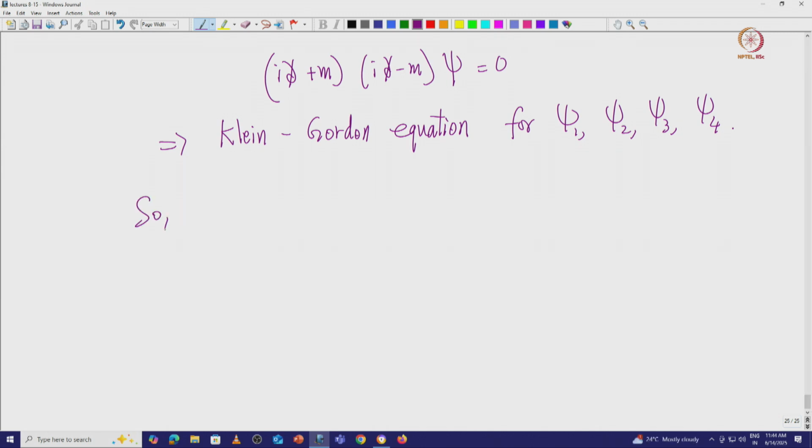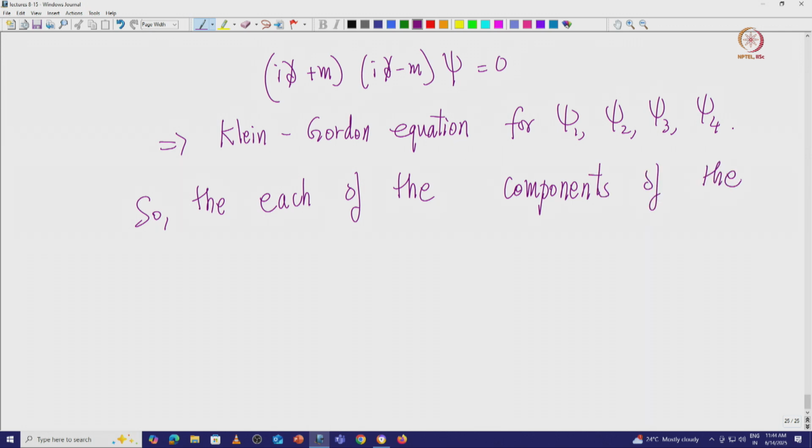So for the first insight of the Dirac equation, what we have is that the solution, which is psi 1, psi 2, psi 3, psi 4, each of the components of the Dirac spinor, satisfy the Klein-Gordon equation.